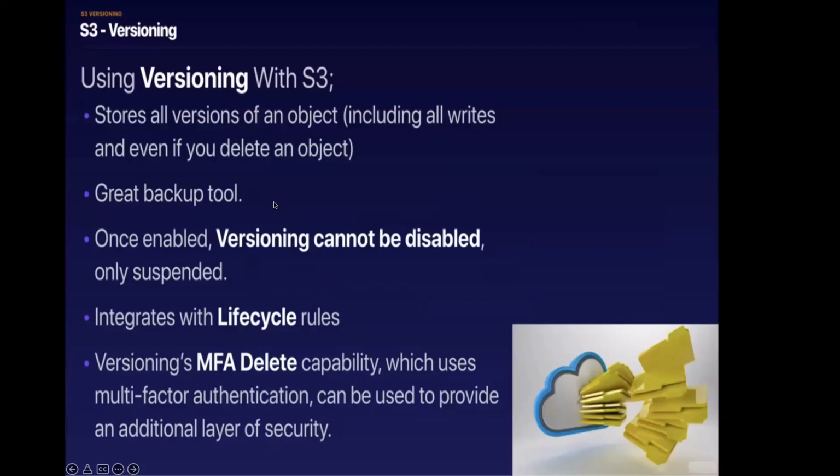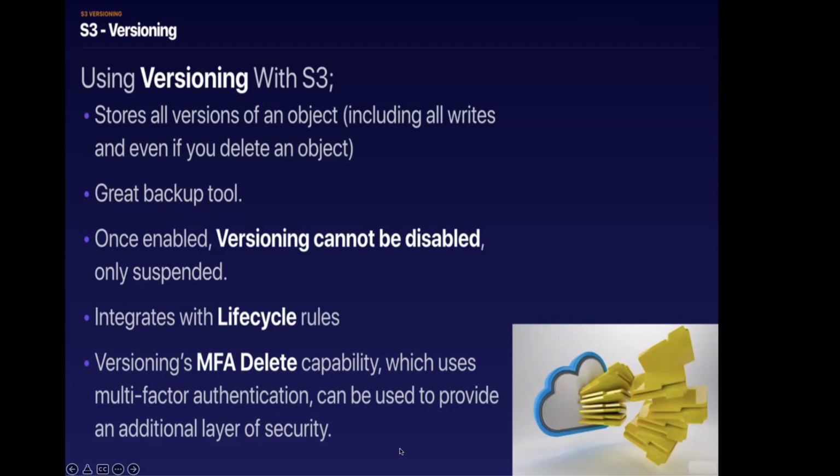It stores all versions of your objects inside your bucket, including writes, and even if you delete an object. That means even if we delete the file, it creates a delete marker and creates a different version for that delete marker as well. So this is versioning, and it's a great backup tool. If someone accidentally deletes, you can recover that. Once versioning is enabled, you cannot disable it. You can only suspend it.